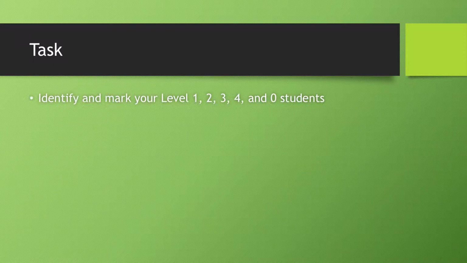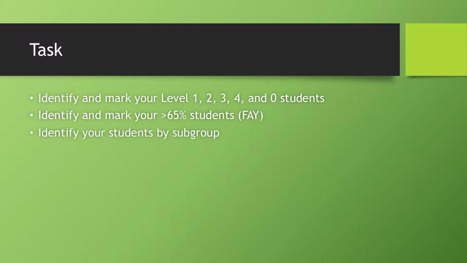For starters, you've been asked on your spreadsheet to identify and mark your level 1, 2, 3, 4, and 0 students. Remember, 0 students are students who do not have scores. We ask that you identify on your student growth spreadsheet students who are FAY students, which are students that have been enrolled in your class for greater than 65% of the school year thus far.